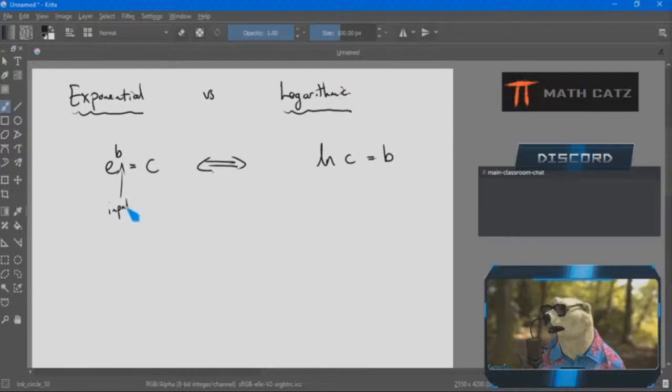In the exponential version, the b is the input, and the c is the output that I calculate with this exponential calculation. In the logarithmic version, the c is the input, and the output is the power of e that would get me that c. But the relationship between b and c is the same. It's just looking at it from a different side.